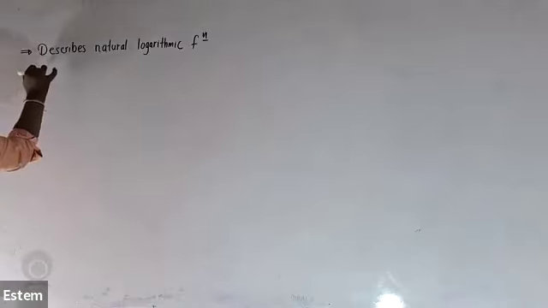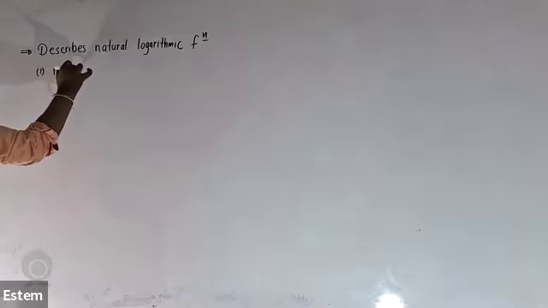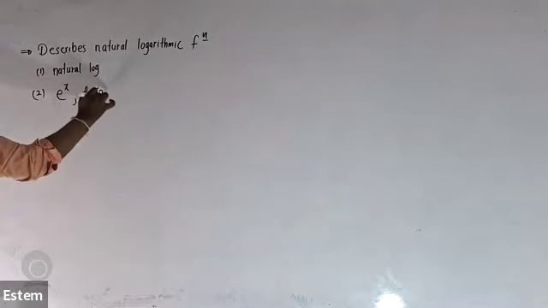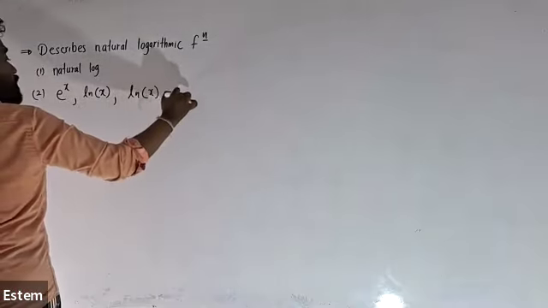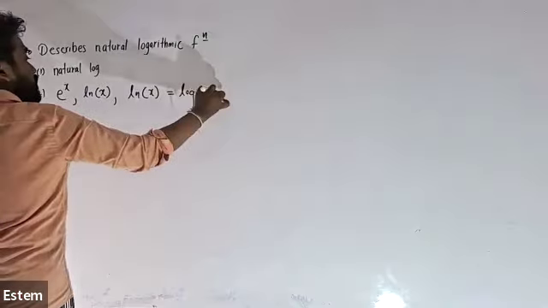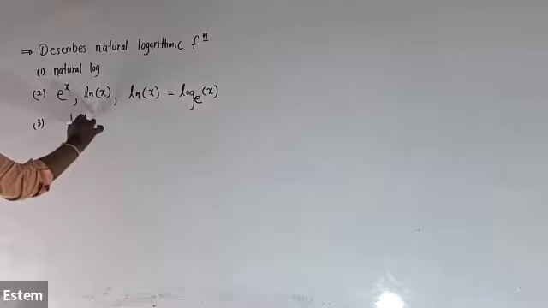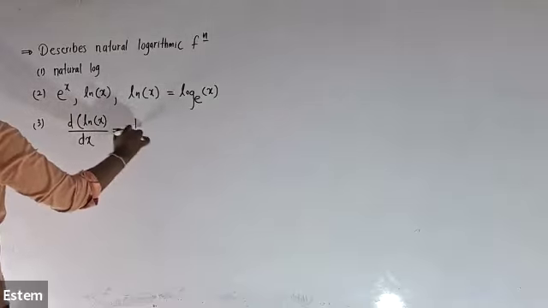Under this they are asking about the properties of the natural logarithmic function, and e to the x and ln x. You should know that ln x is equal to the logarithm of x to the base e, and they request that the differentiation of ln x with respect to x is 1 over x.